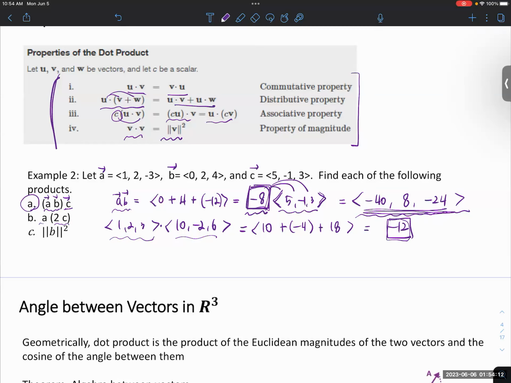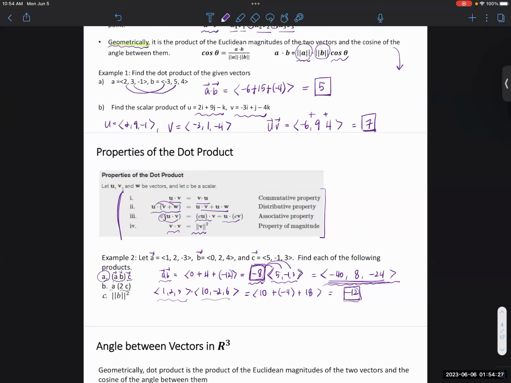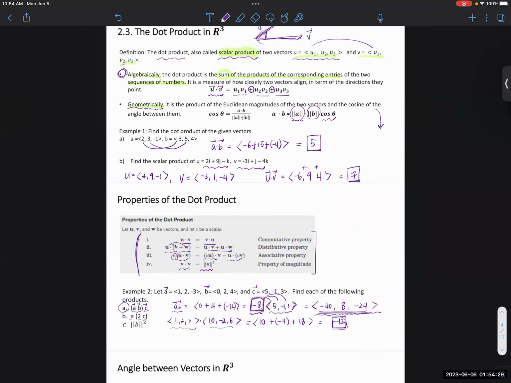Okay, so the dot product is kind of like a scalar, how much the vector is going to shrink down or stretch based on this scalar, and this scalar is going to be calculated based on the dot product system. So the dot product has the same name, scalar product.